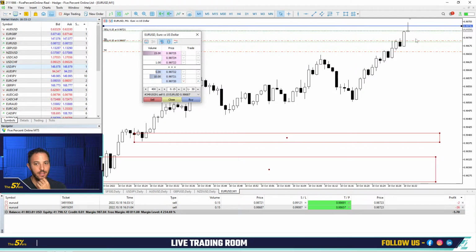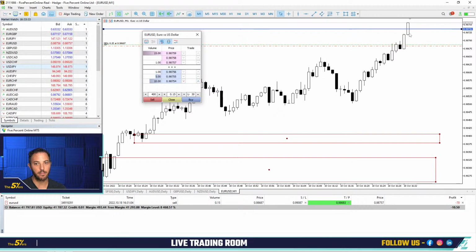So let's see if I can fix it, and if not, I'll close it and wait for pullbacks, and then I'll try to rejoin the bullish movement, because these kinds of movements can easily pick up momentum. I don't want to be in that position.